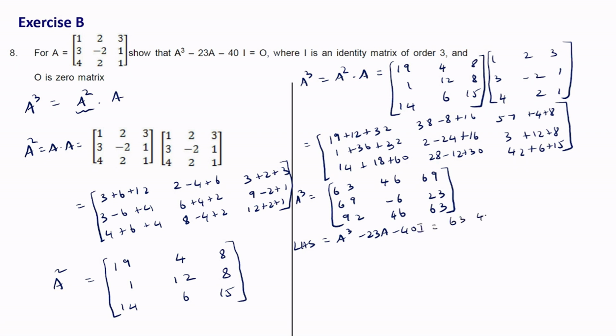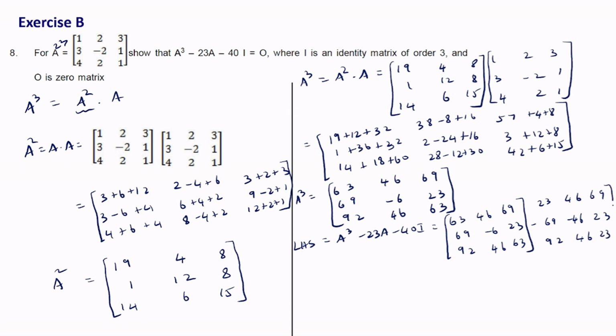So it is 63, 46, 69, 69 minus 6, 23, 92, 46, 63, minus 23 into A. So this is minus 23 into A. So it is 23, 46, 69, 69 minus 46, 23, 92, 46, 23, minus 40 into I. So 40 into I is the identity matrix.